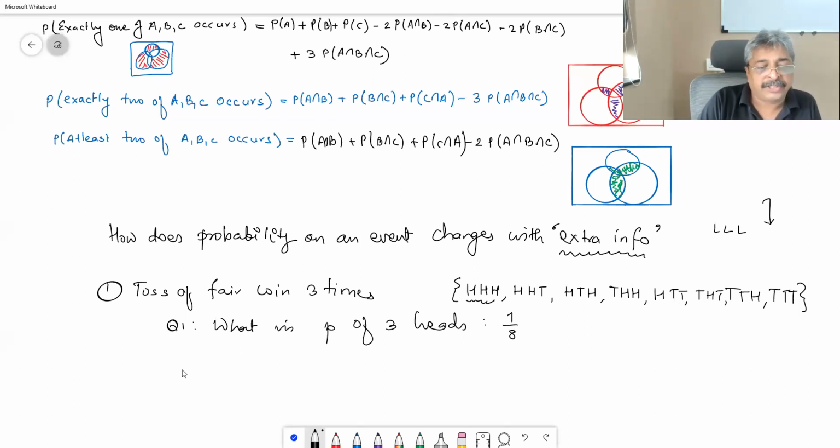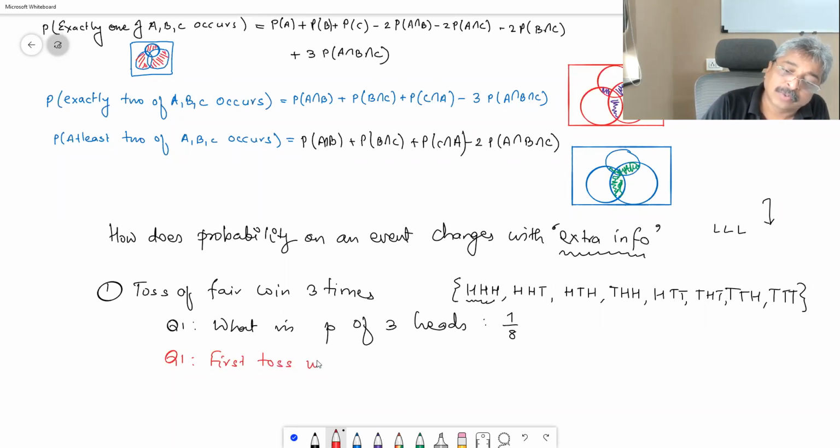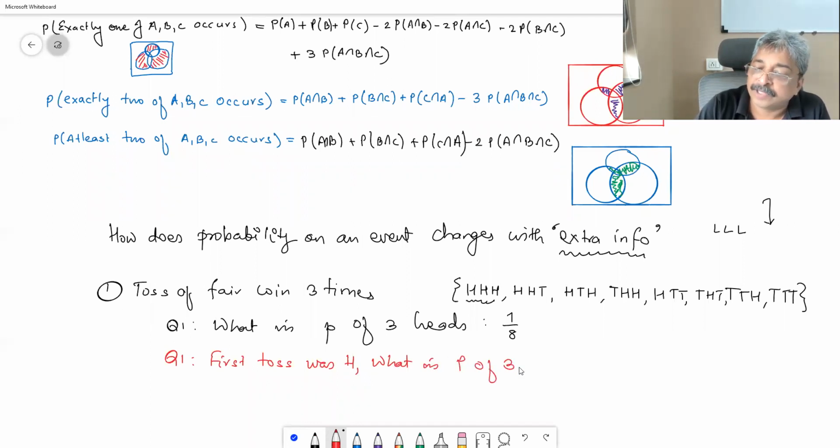However, if I ask you question 2, suppose we are told that the first toss was head, what should be the probability of 3 heads? Given this information, if first toss was head, what is the probability of 3 heads?